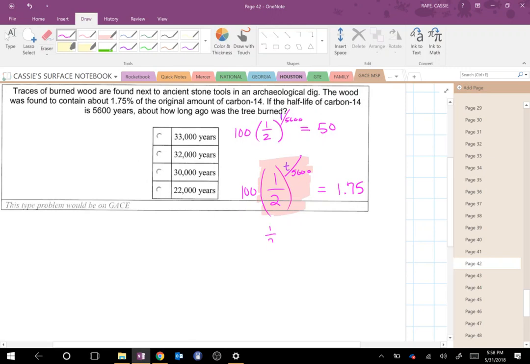So I'll end up with 1/2 to the power of T divided by 5,600 is equal to 1.75 divided by 100, which bumps the decimal place back 2 more times. So it's going to be 0.0175.